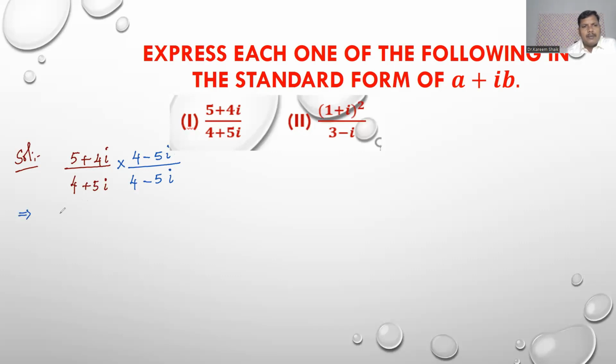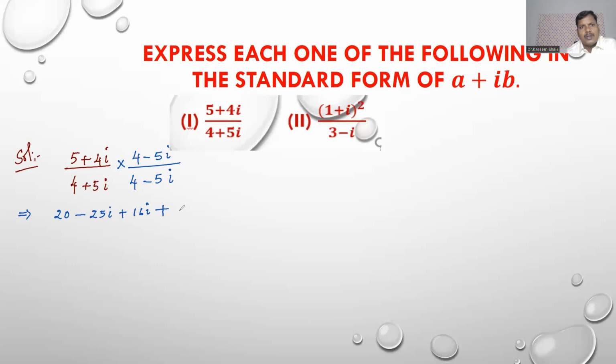Now, 5 times 4 is 20. 5 times negative 5 iota is negative 25 iota. Plus into plus, 4 times 4 is 16 iota. Plus into minus, minus 4 times 5 is 20, but iota into iota is iota square, and iota square is negative 1.